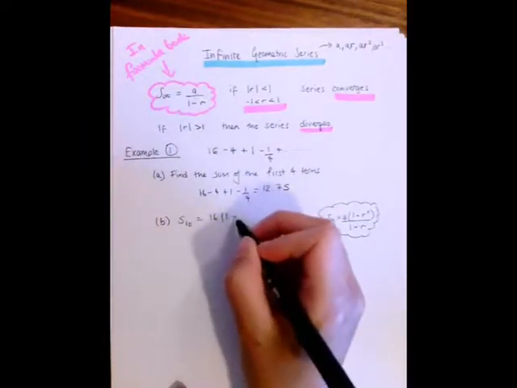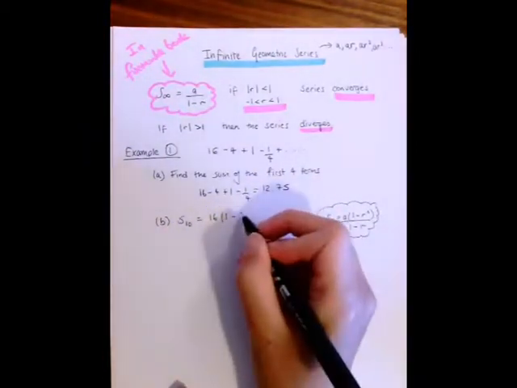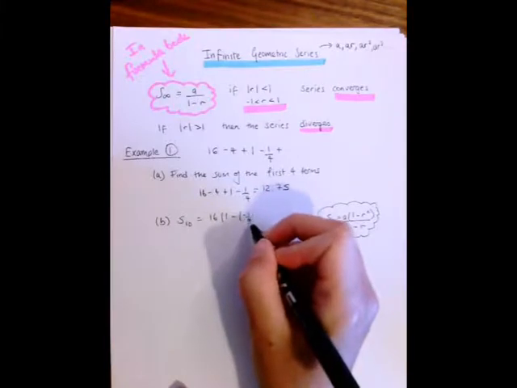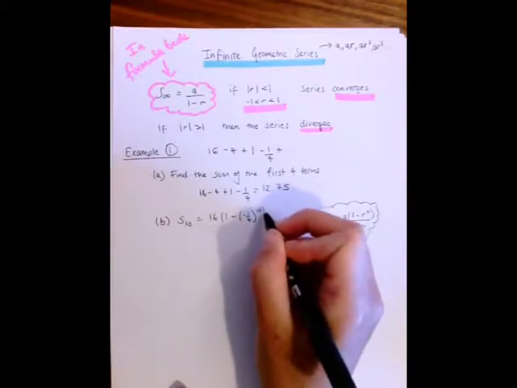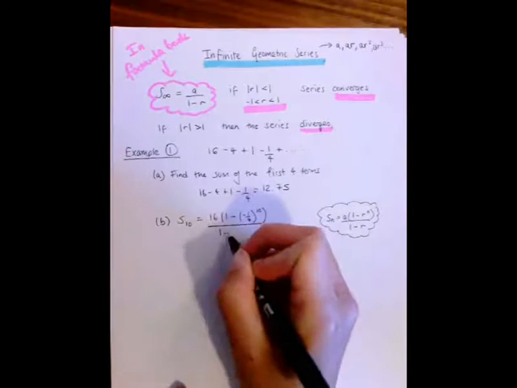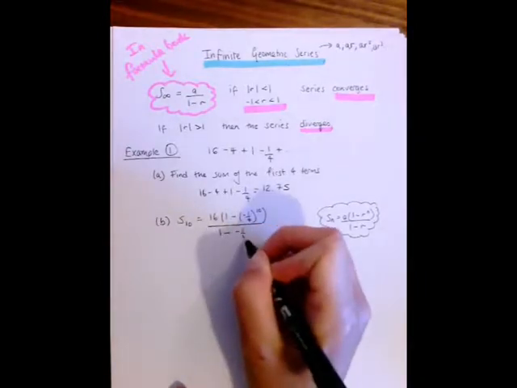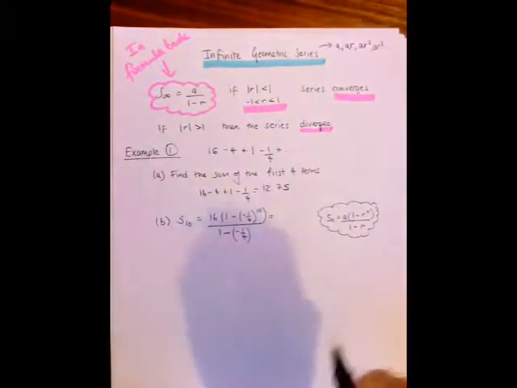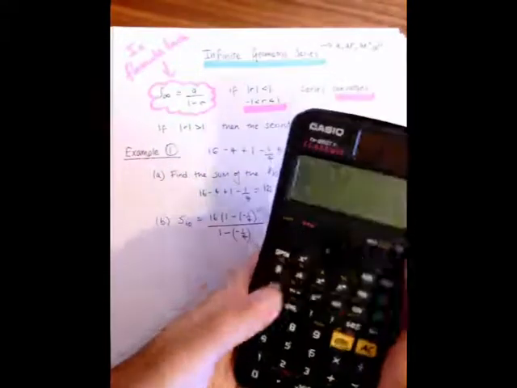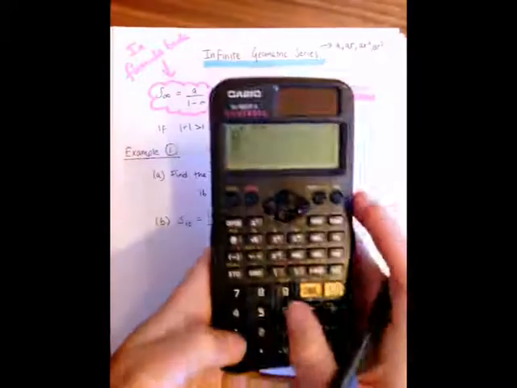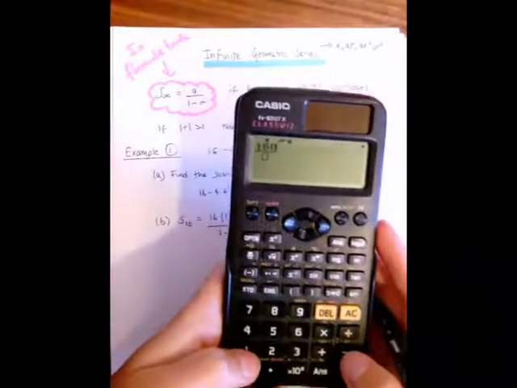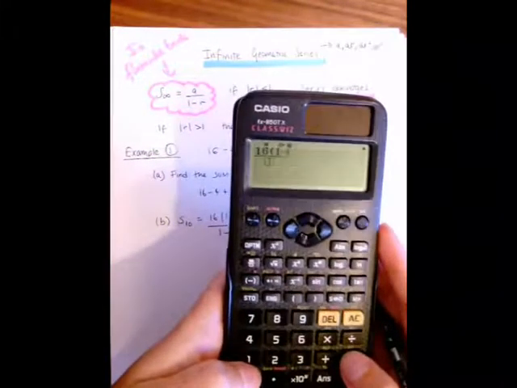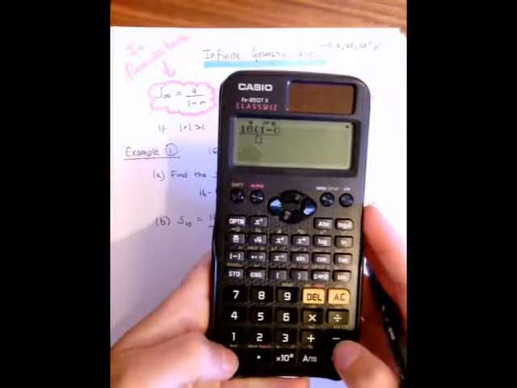So 1 take away -1/4 in brackets to the power of 10, over 1 take away -1/4. And then you could just type that in, fraction button first, and make sure you do use your brackets for the negative value of r.